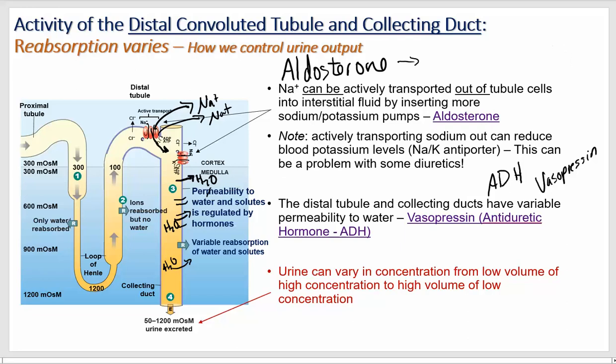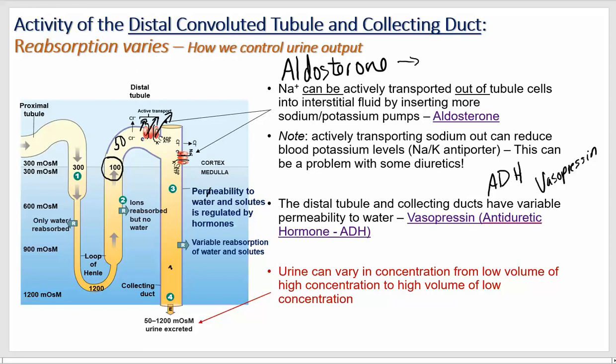And of course, we're going to talk about ADH one more time when we talk about hormones. And you guys are going to know it really super well. Depending on what happens, remember when we were looking at concentrations, we see that the concentration can get really low. It can even get down as low as 50, because we have more salts being pulled out.